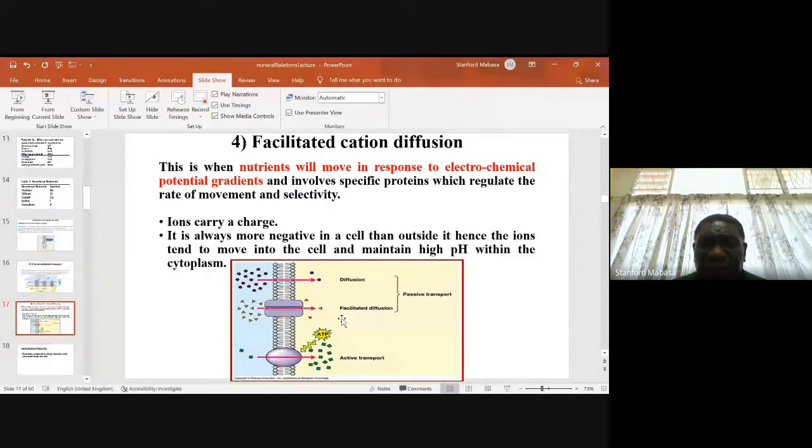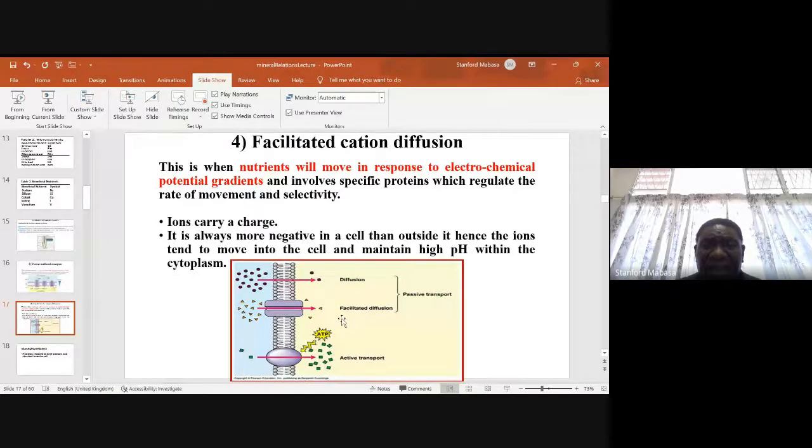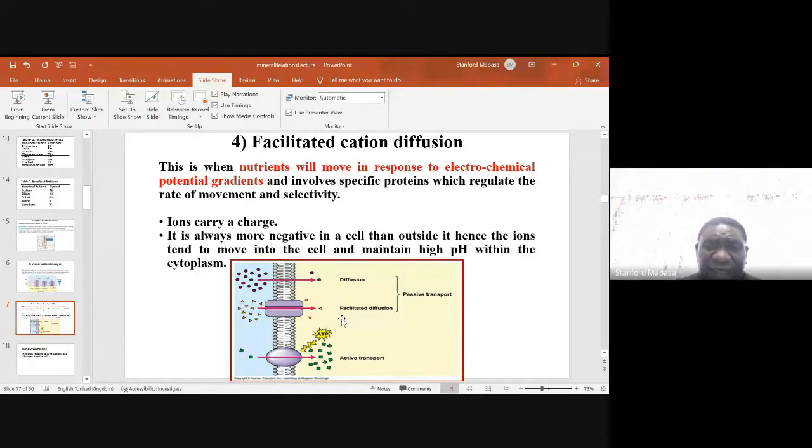There's also a special diffusion, which is known as cation diffusion. Now, this is a result of negative and positive regions, which can create electrochemical potential gradients, which can result in the movement of cations from the soil into the root system.